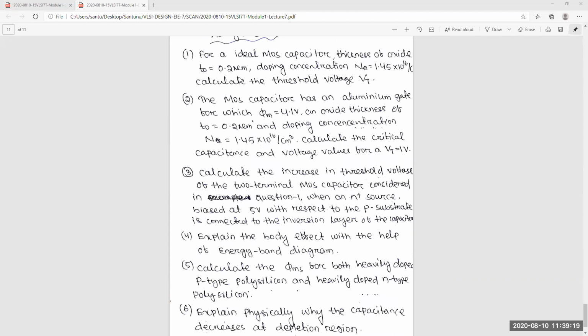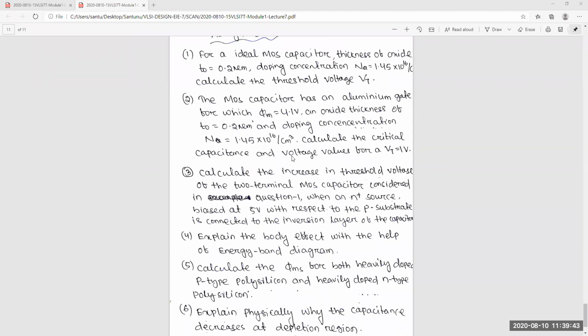So the first problem we have already discussed. This is the first example, how to calculate the threshold voltage for an ideal MOSFET. And here in the second case, it is given the aluminum gate, and also given the phi m. So you have to calculate the critical capacitance and voltage.